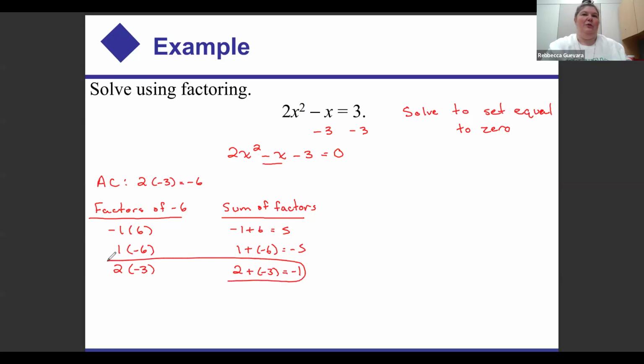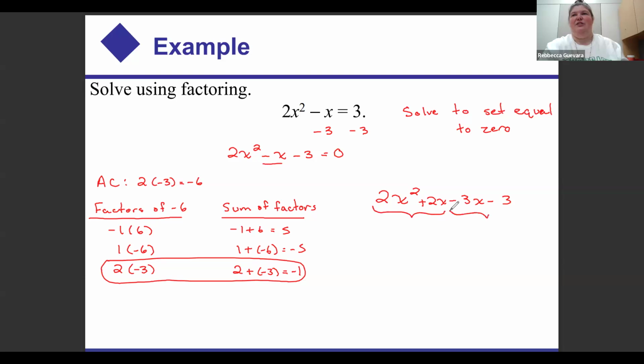Like we were doing before, we're going to stop there because those are my two factors. So that's telling me that in 2x² minus x minus 3, the minus x can be broken up into a 2x and a -3x.